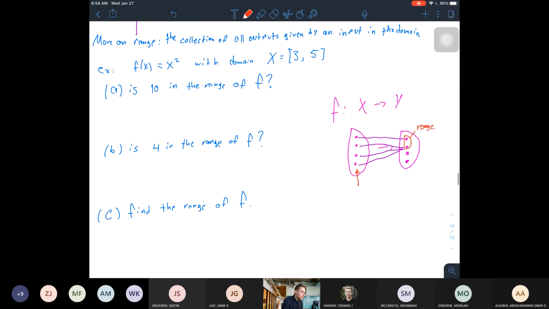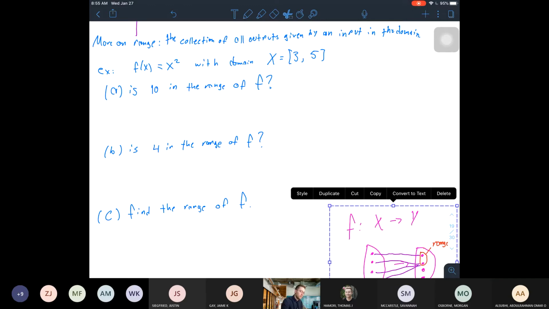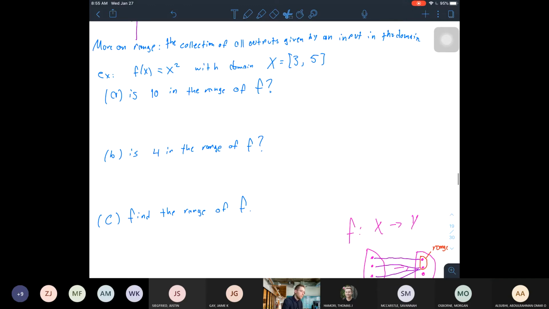So how do we interpret range when, again, we're not exactly given an explicit set of ordered pairs or a table of values? Okay.